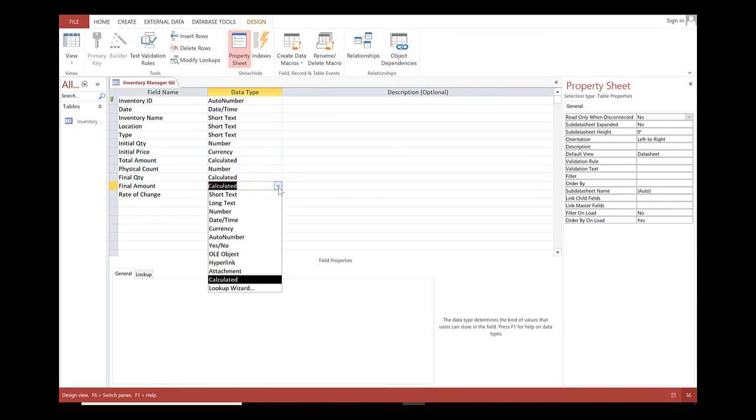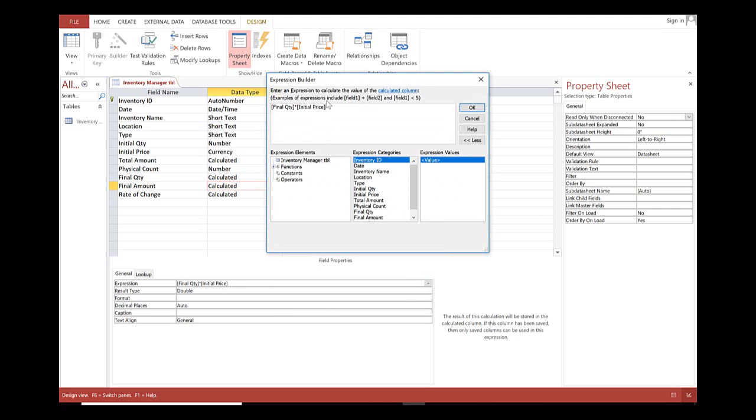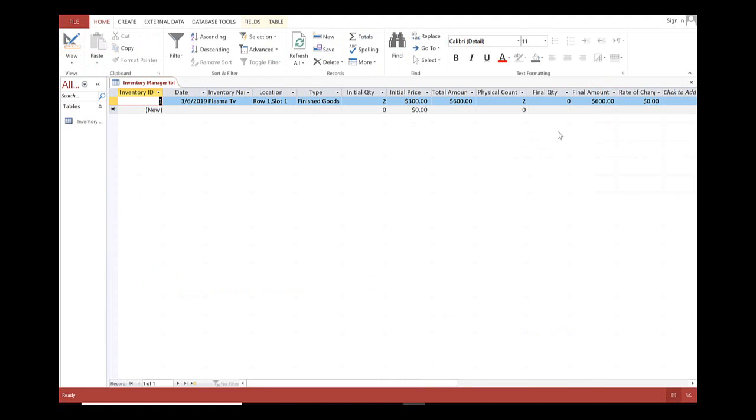So the final amount is the physical count. Physical count. Save this.